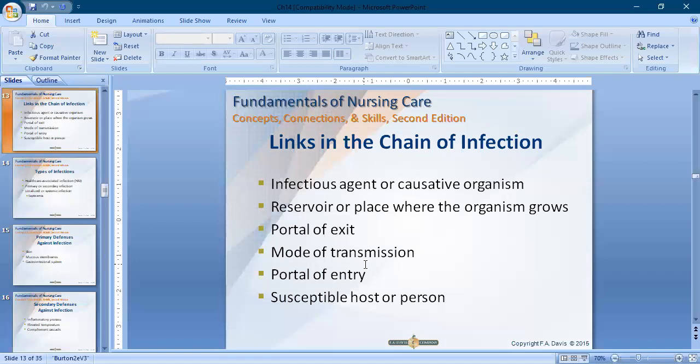So before and after both cases, you have to wash the hands. So how long do you have to wash? 15 to 20 seconds, and dry with a clean paper towel.